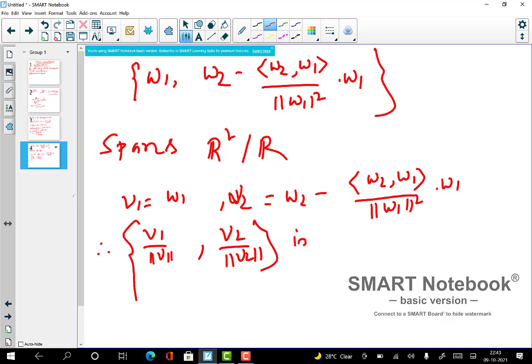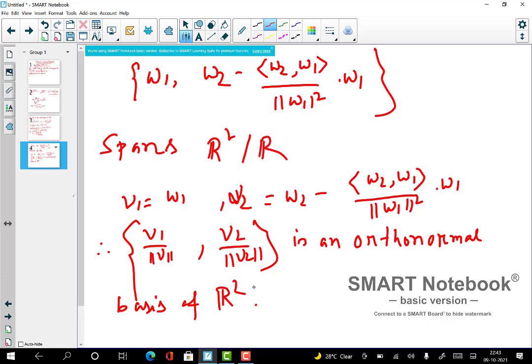So this is an orthonormal basis of R2, right? So this is the toy case.